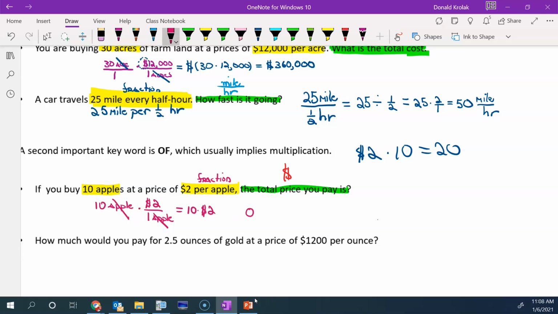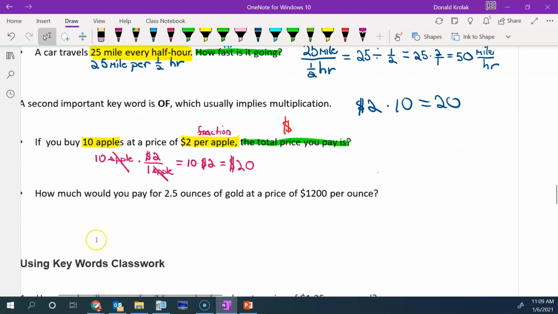Not to belabor the fact, it seems like overkill to do all this work. Again, you're just learning how to cancel labels right now. Okay, so again, this next one's asking you, how much would you pay? So you want to just be left with dollars.